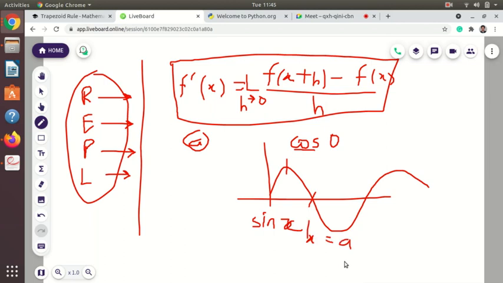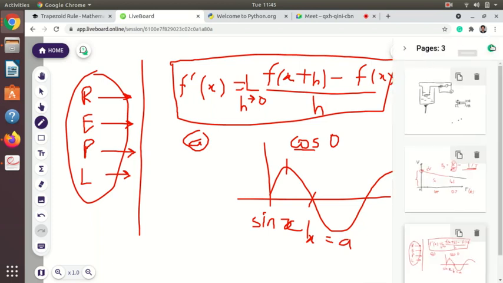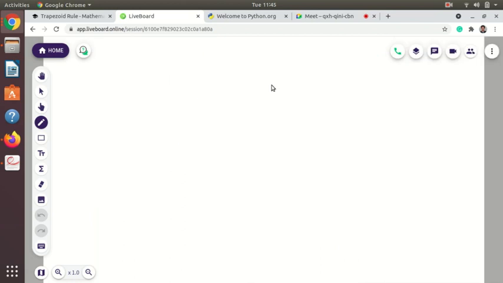In Python, we have to define a function. I will first tell you in general how we define a function, and then we will move to the actual program. Suppose y is equal to f of x. This is our way to define a function. There is some function f which is a function of x.